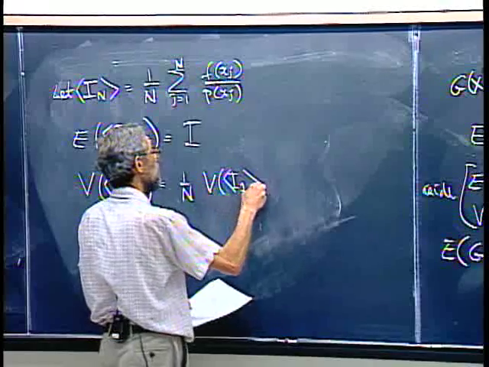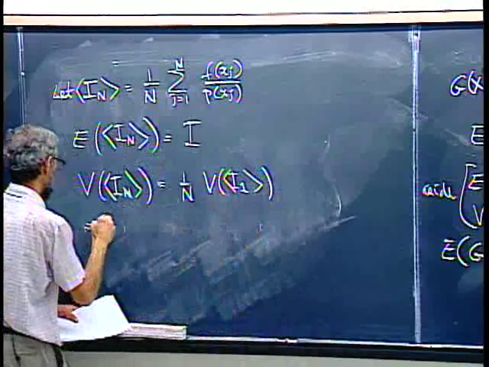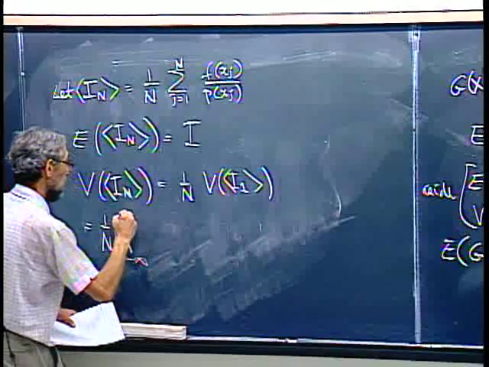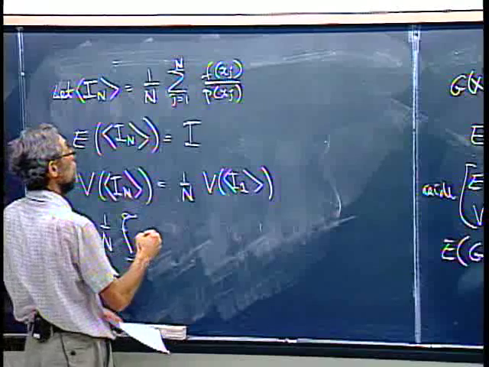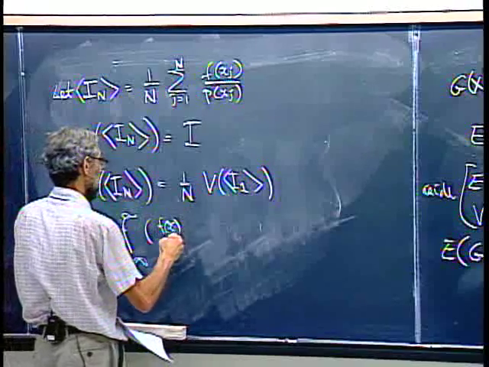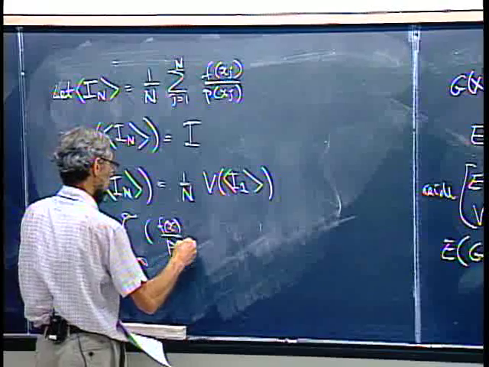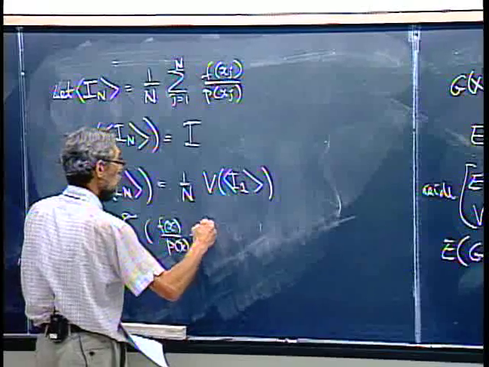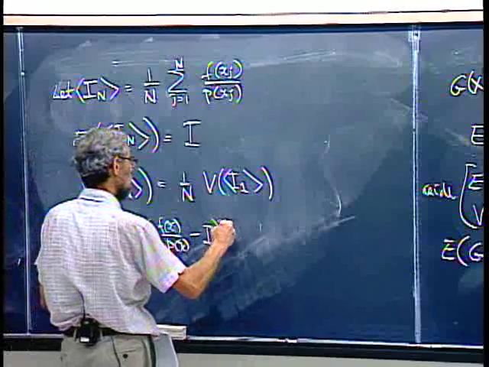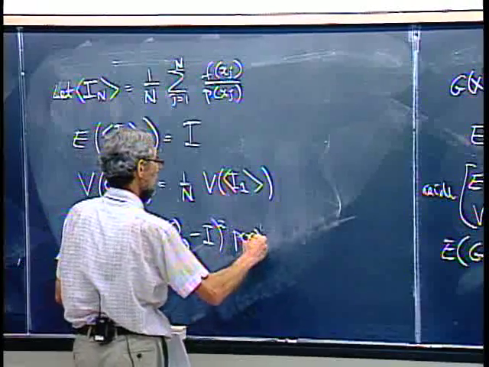I probably should have computed that, but that's 1 over n times the integral from minus infinity to infinity of f of x over p of x minus the true integral, which is the expected value, squared times p of x dx.